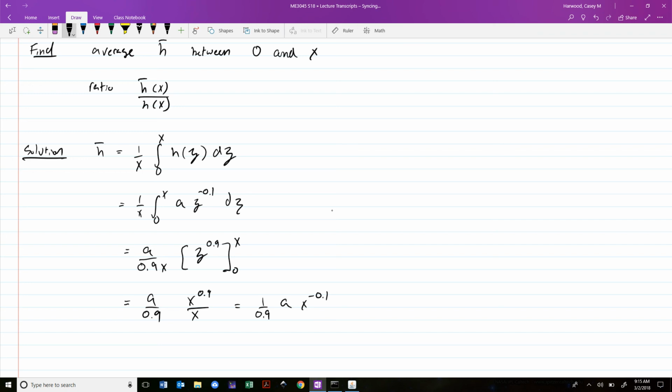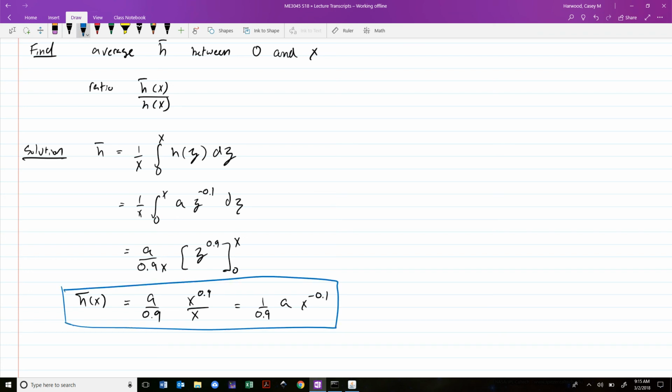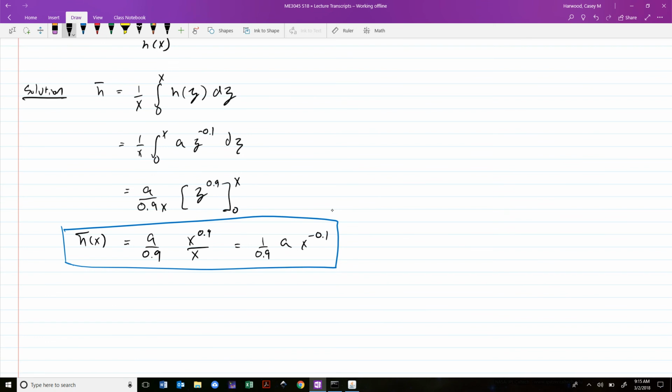So there's h bar as a function of x. Now if we want to take h bar of x over h of x, we end up with 1 over 0.9 a x to the negative 0.1 divided by a x to the negative 0.1, which works out to just be 1.11.